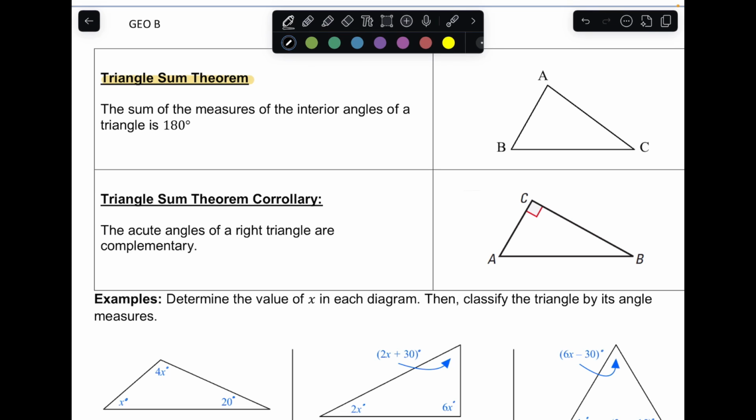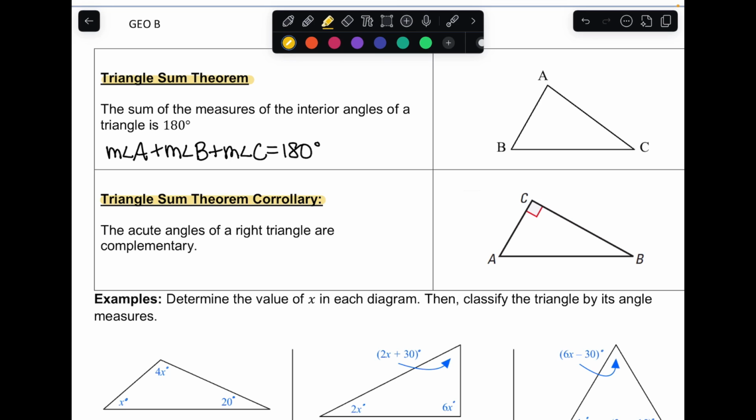So in triangle ABC here, measure of angle A plus measure of angle B plus measure of angle C, those all have to add to 180. Okay, remember in this class we're always dealing with 180 and 90. For triangles we're dealing with 180 very often.